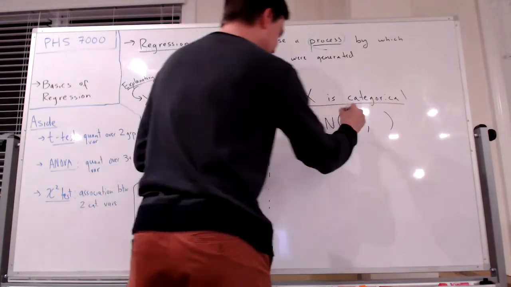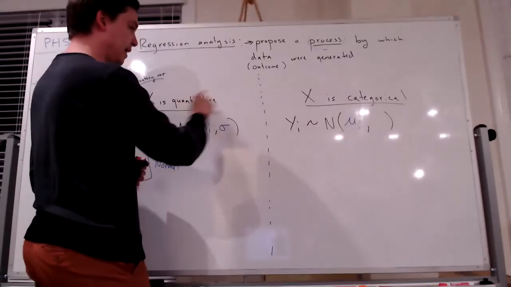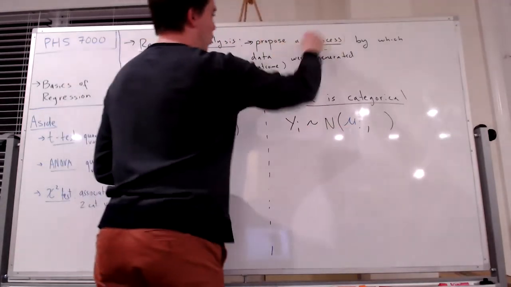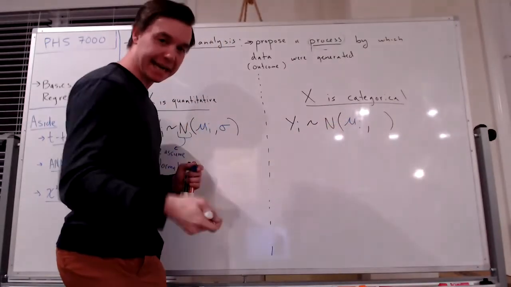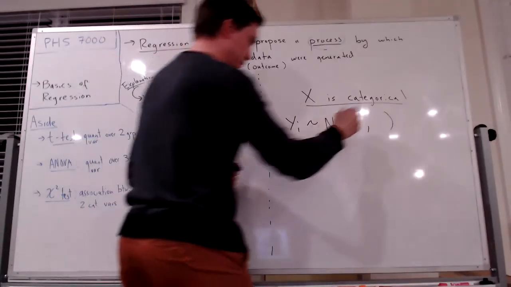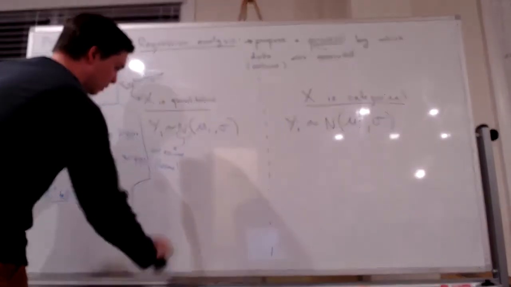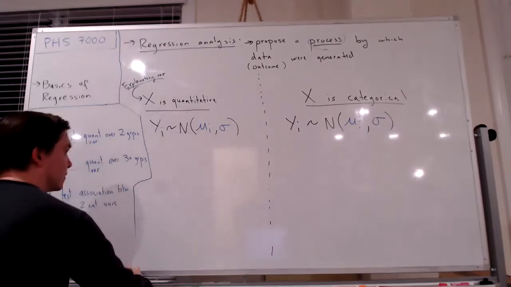Because the only thing that is different is how we parameterize this mean. What kind of process we propose for how this mean systematically changes with observation. Okay.